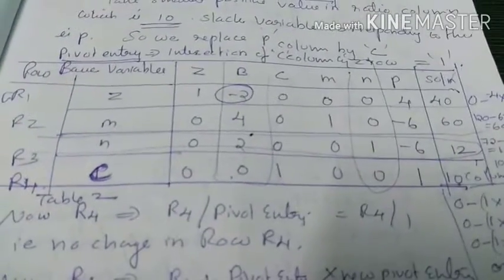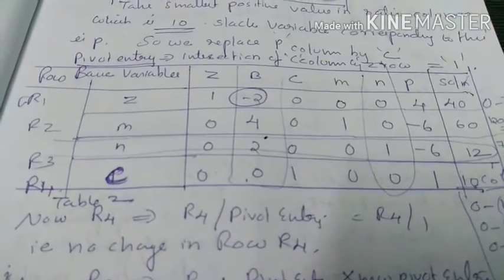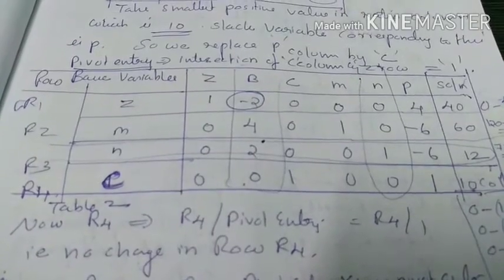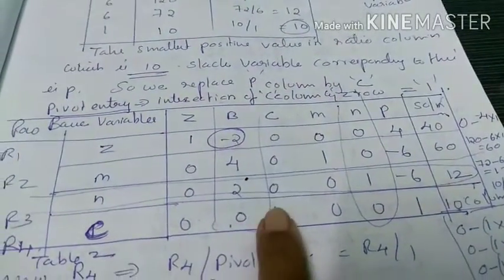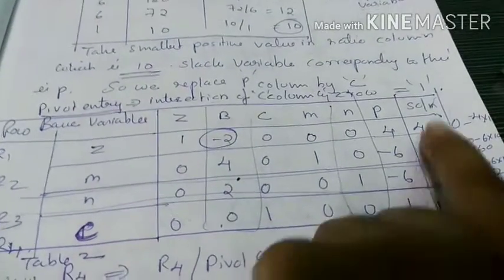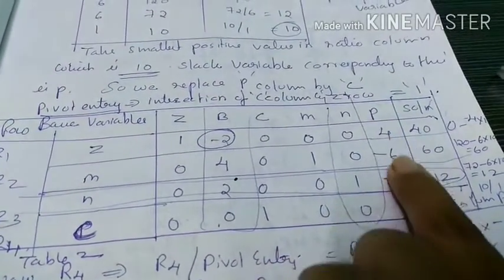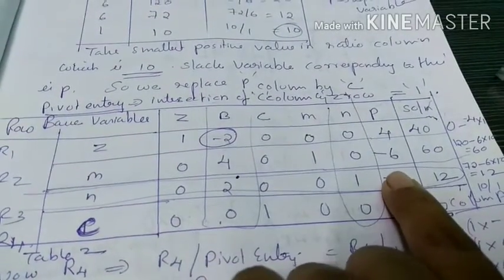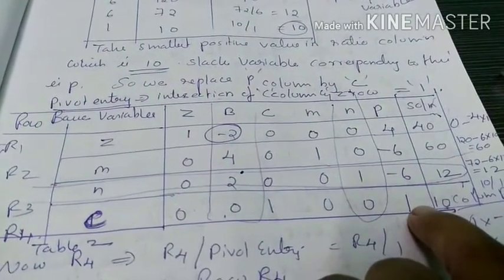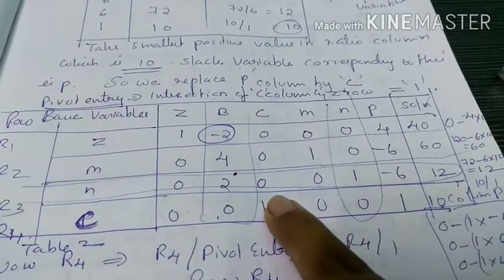Now we have to find table 2 from table 1 using this pivot entry. For that we have to make all the other values in the column 0 and only the pivot entry 1, because C is now the important usable resource whereas P is the unimportant resource.